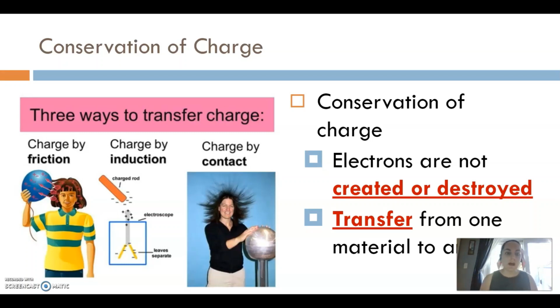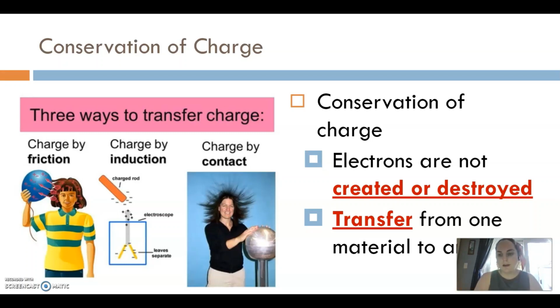And so what's going to happen is those electrons are going to move. Because this rod is more negatively charged, it has more electrons than what it requires to be neutral. That rod's electrons are going to transfer from the rod itself to the object that is neutral, because it's trying to get rid of those electrons.